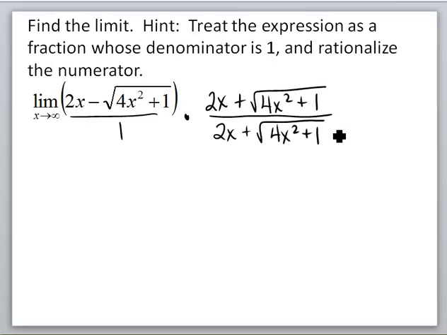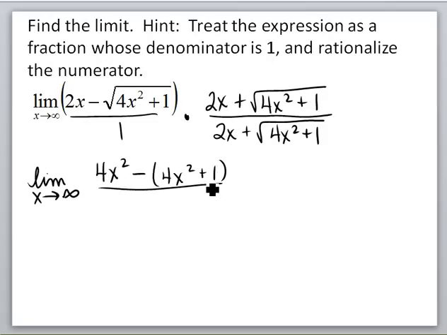What this ends up giving me then is the limit as x approaches infinity. I'll go ahead and start multiplying those things together. I get 4x squared, and then the outer terms fall out, so I have minus 4x squared plus 1, all over 2x plus the square root of 4x squared plus 1.